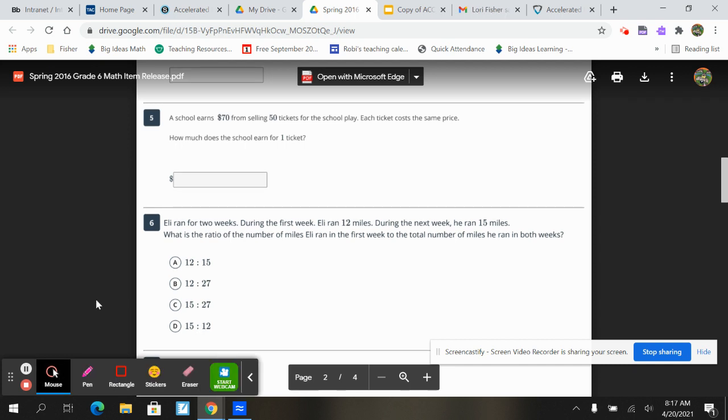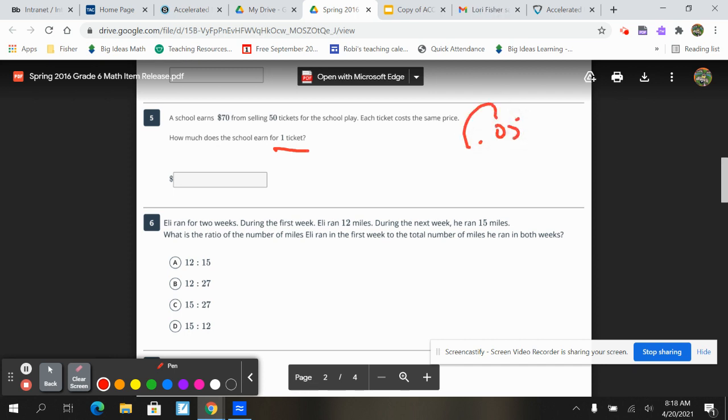All right, number 5. A school earned $70 for selling 50 tickets for the school play. Each ticket costs the same price. How much does the school earn for one ticket? Okay. What kind of a question is this? Anybody remember? Chapter 5. It has money in it, and you're finding one of something.